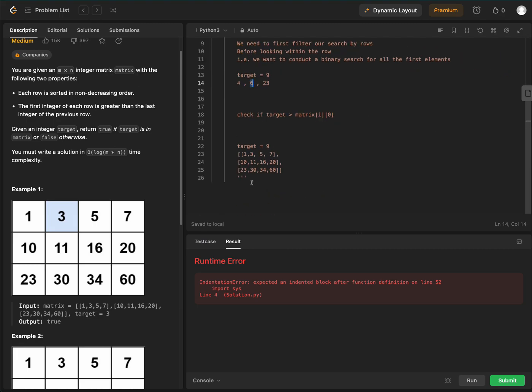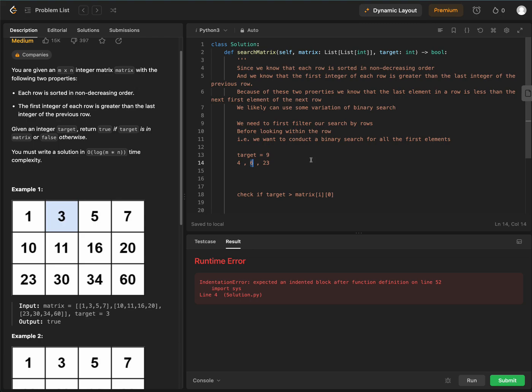Okay, so now we want to move very quickly and make sure that we have a binary search algorithm, and then we want to find another algorithm to run to find the right index here, right? So we want to have two functions.